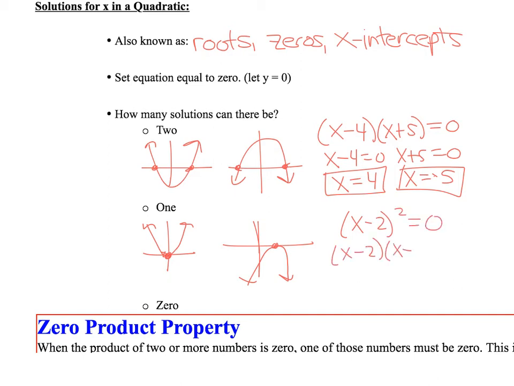So it's the same factor twice. So when you set that equal to 0 and solve, you'll only get one solution. Or there can be 0 solutions. You could have a parabola that just does not touch the x-axis at all. And so these would not be factorable.